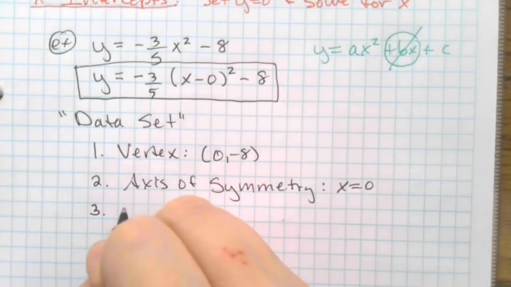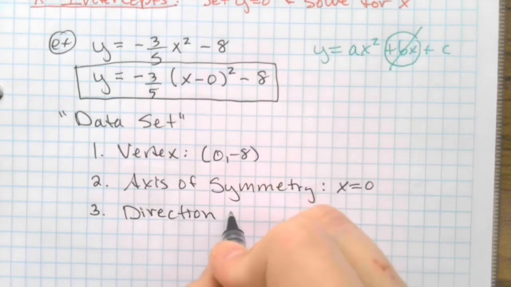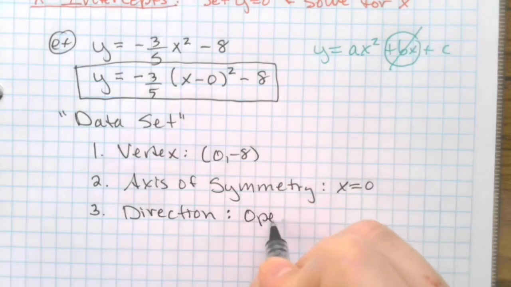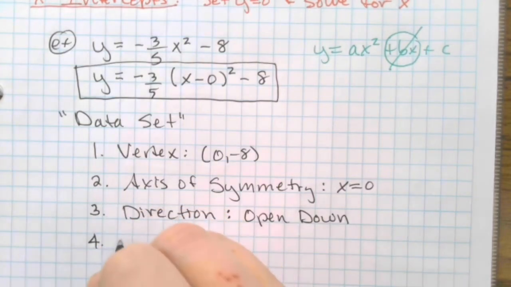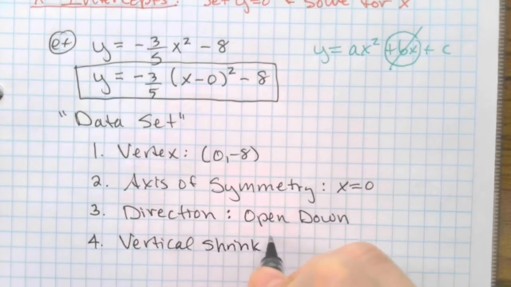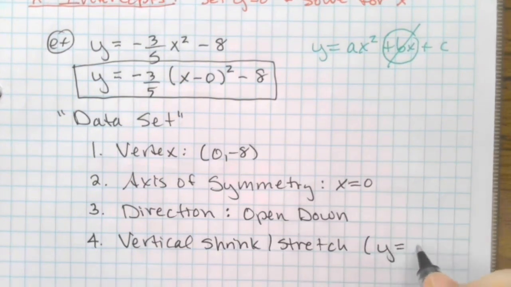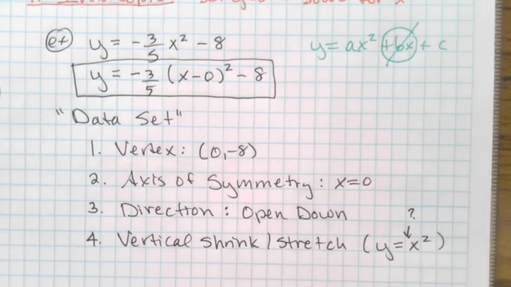Number 3, direction of opening. Sometimes it will just say direction or opening. In this case, the a is negative, so it's going to open down. Fourth piece, vertical shrink or stretch. Now when it comes to that, we're looking at comparing the graph with y equals x squared. So what we're looking for is a number out there.